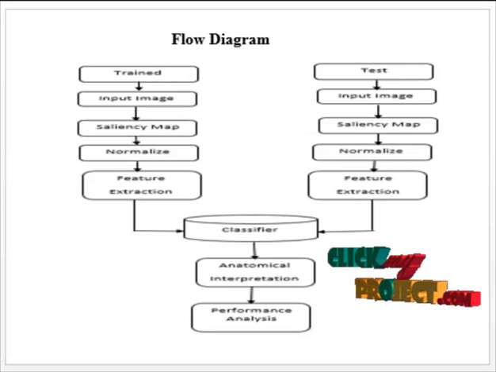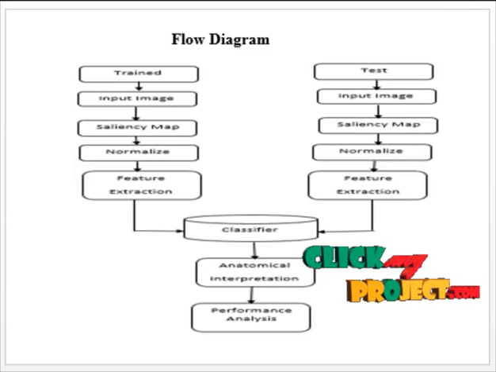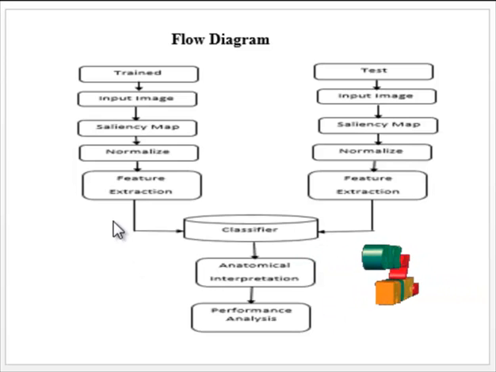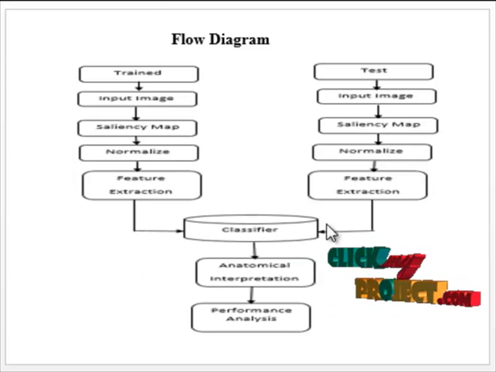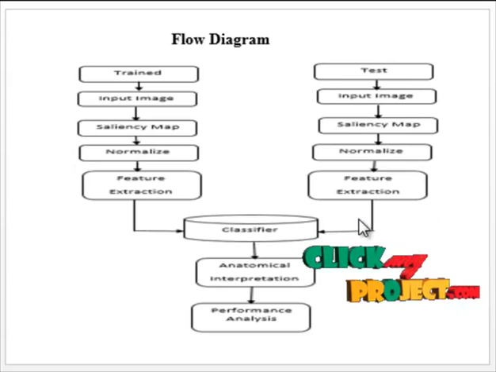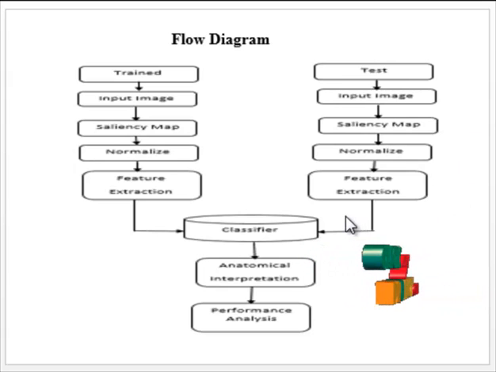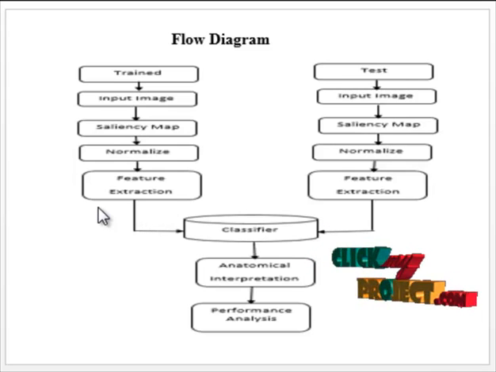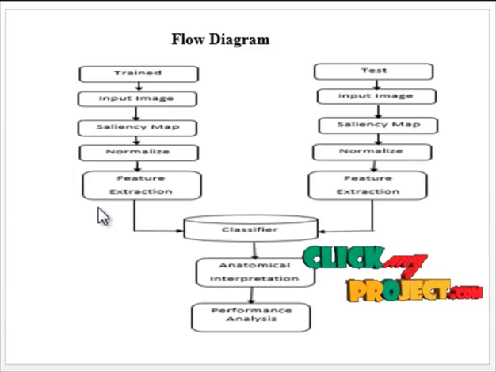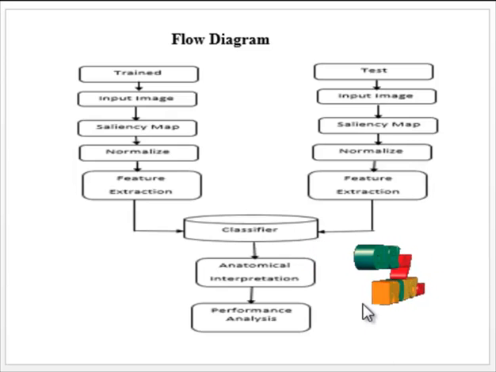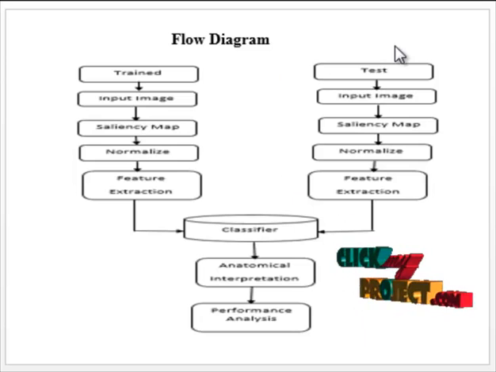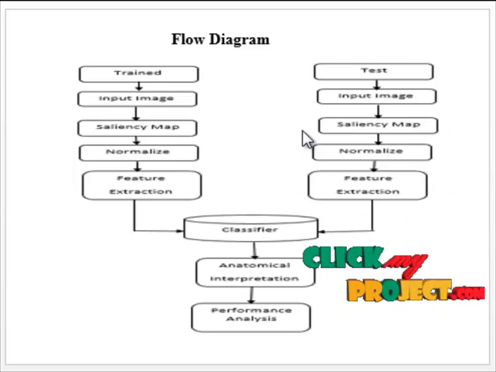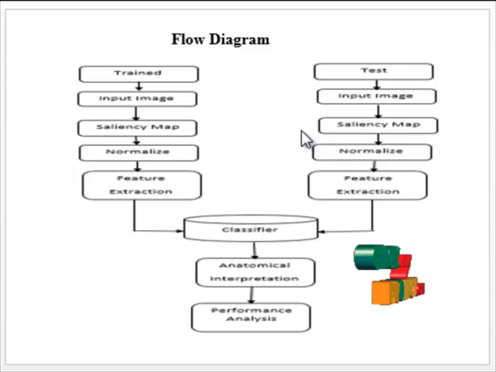This is the flow diagram of our project, and here there are two sections. The first one is the train section and the other one is the test section. First we do the train section because we have to train on all images in the database, and after that we test each and every image one by one using the test images.